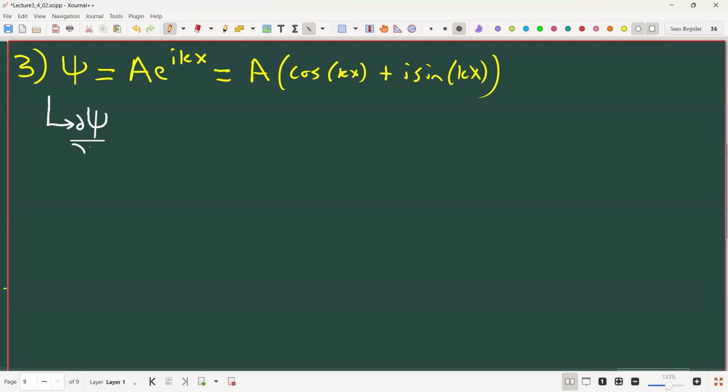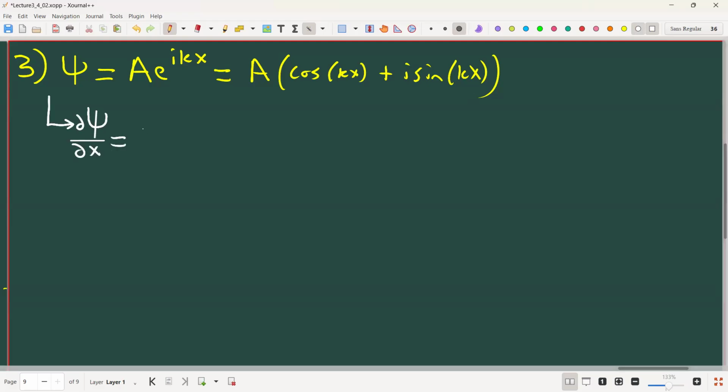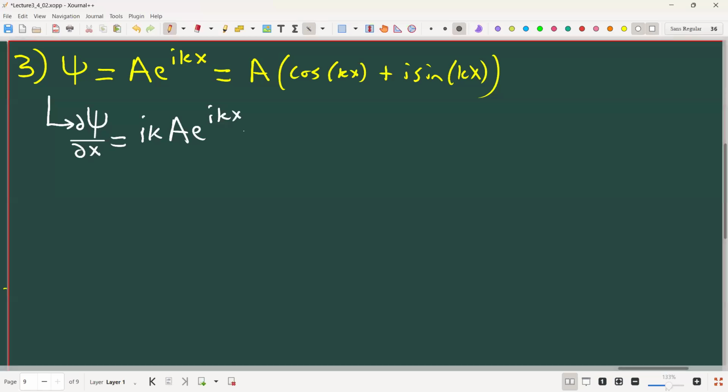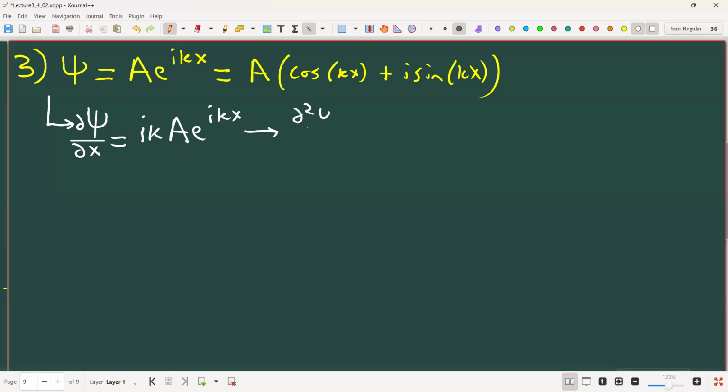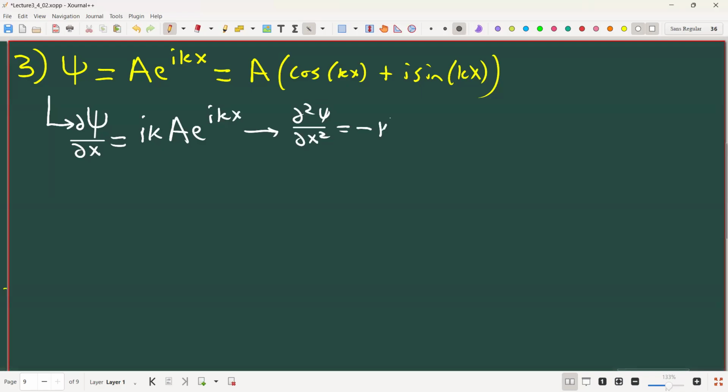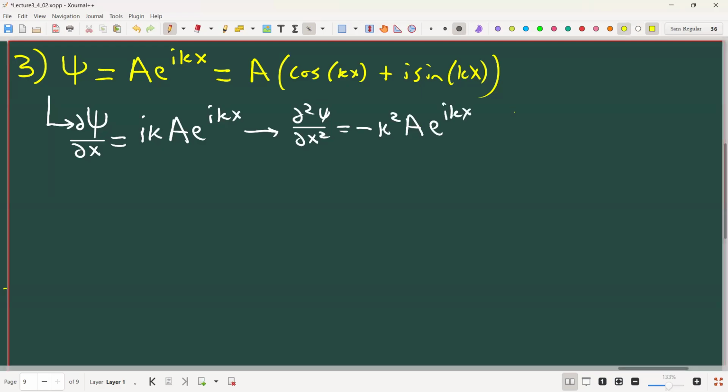So the derivative of psi is i k A e to the ikx. And the second derivative is, again, not too hard to calculate. We get another factor of i coming down, so we get a -1 k squared A e to the ikx. Okay, so that satisfies our property. We take the derivative twice and we get the same function back times a number.